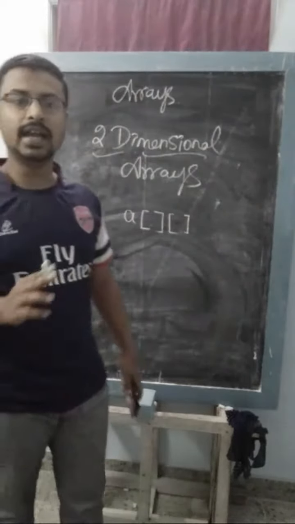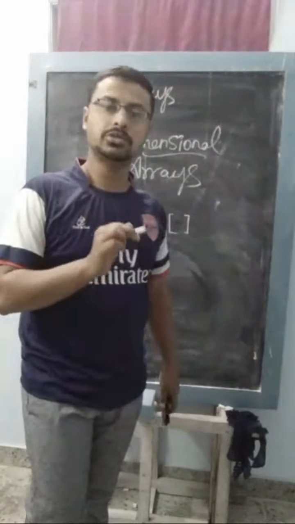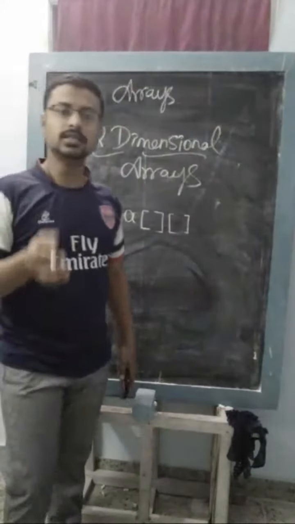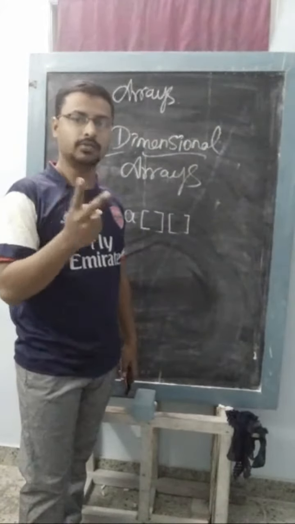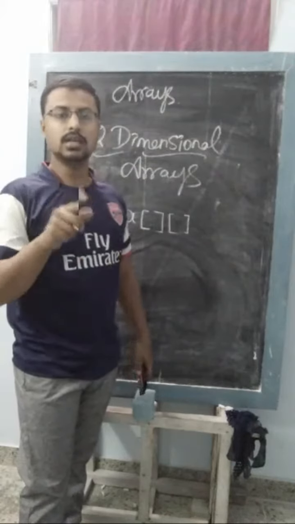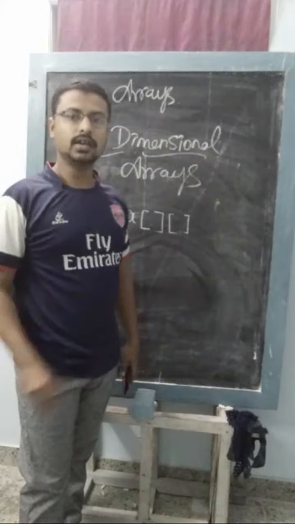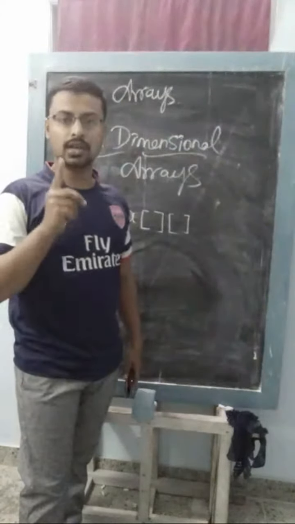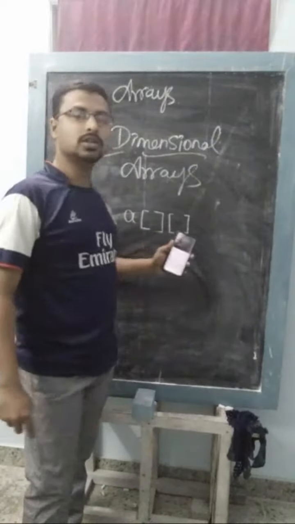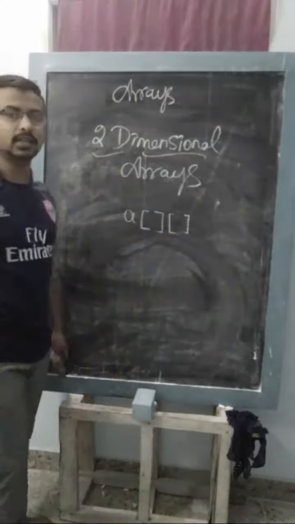There are two types of array: single-dimensional and multi-dimensional. The two-dimensional array is one category of multi-dimensional array.